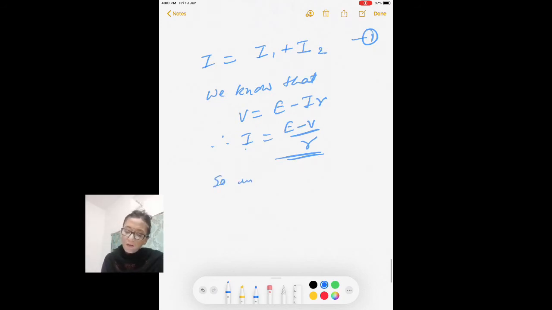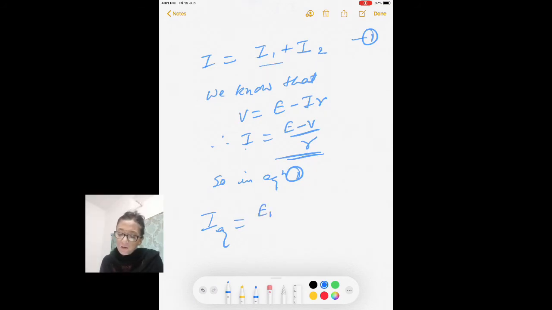So in equation 1, I can be written as, in place of I1, because it is I equivalent, so I am not writing the value of I equivalent, I am putting the value of I1.